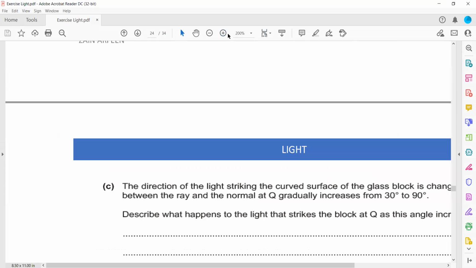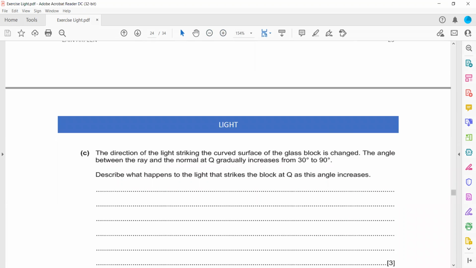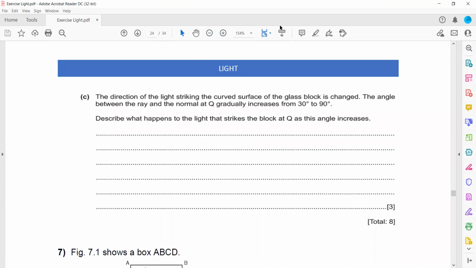Then in the next part, they're saying the direction of the light striking the curved surface is changed. The angle of incidence increased from 30 to 90. Describe what happened to light as the angle of incidence increased.